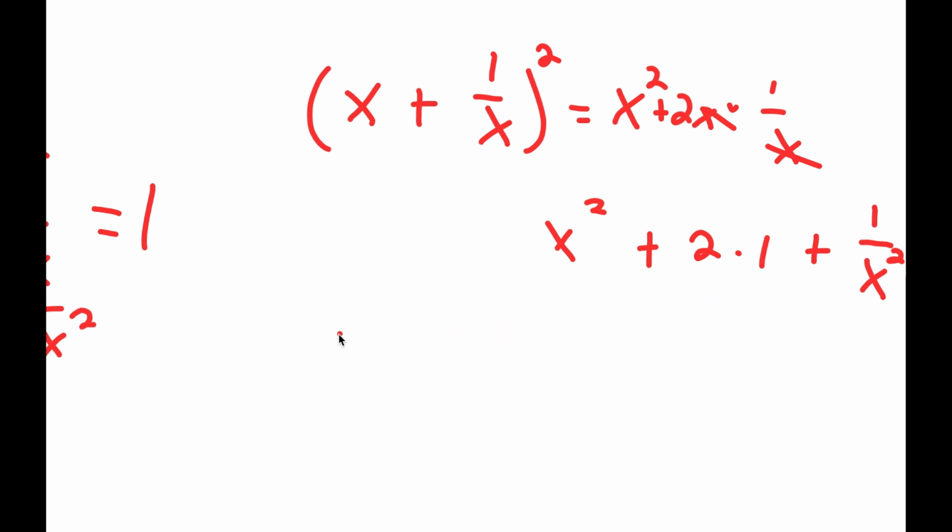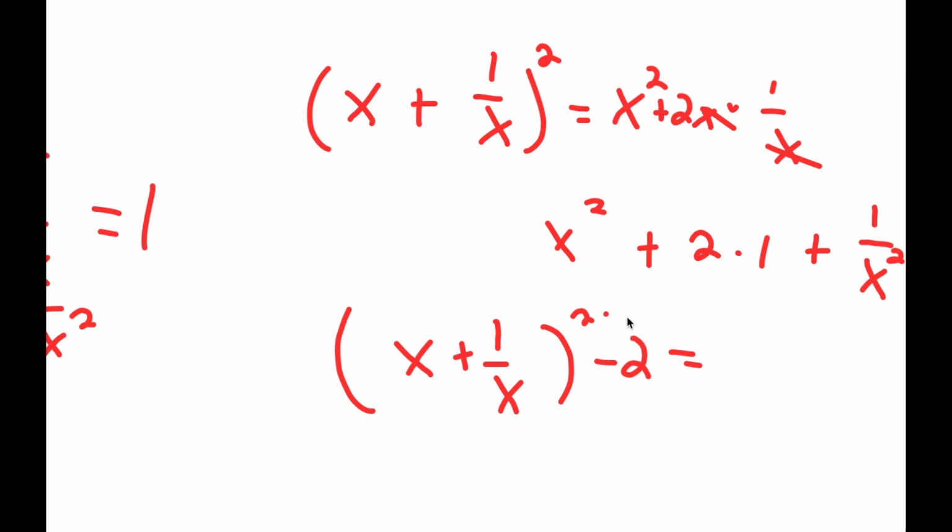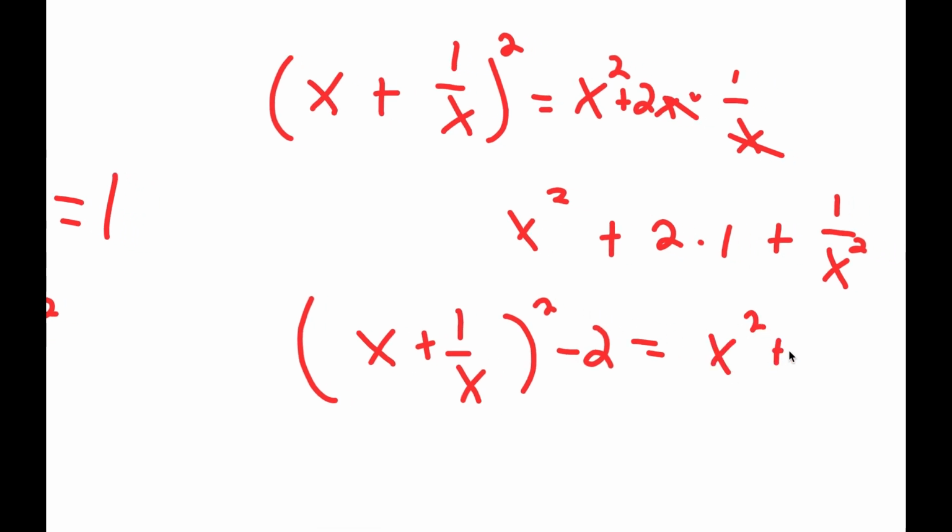Now, this means that I have x plus 1 over x squared minus 2. This is equal to x squared plus 1 over x squared, right? Because x plus 1 over x squared is equal to x squared plus 2 plus 1 over x squared, meaning x plus 1 over x squared minus 2 is simply just equal to x squared plus 1 over x squared.